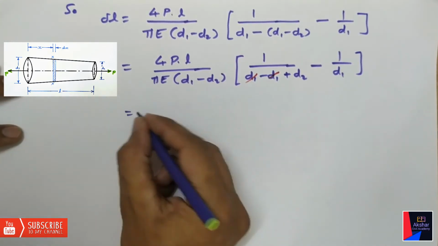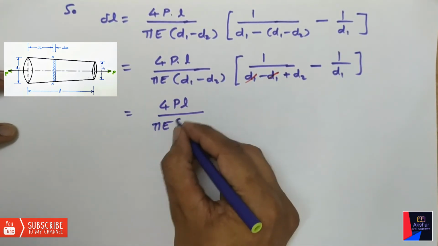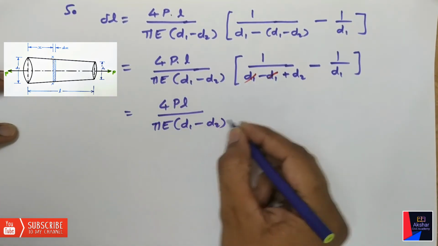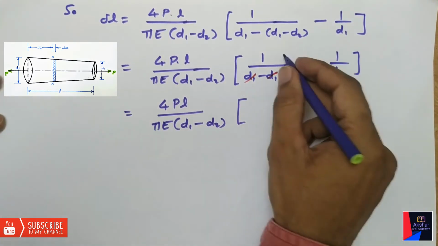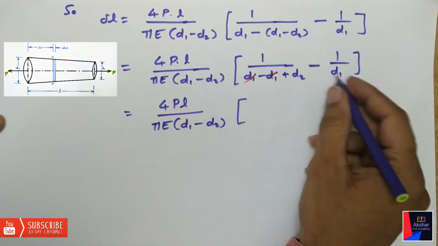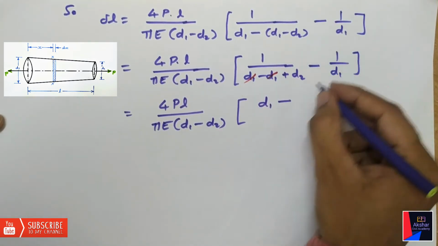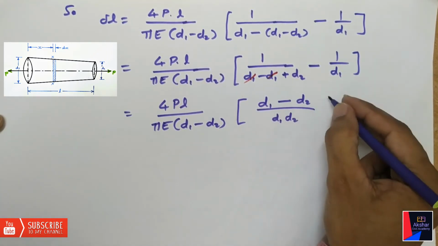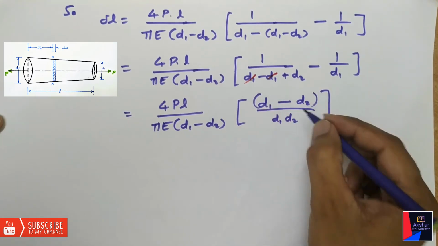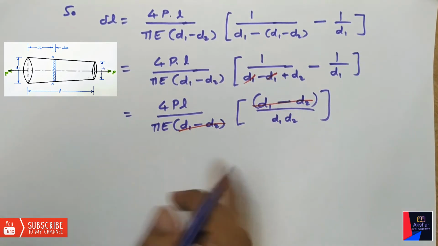That's why we will get 4PL upon pi E (d1 − d2) in bracket 1 upon d2 minus 1 upon d1. So by multiplying, we get (d1 − d2) upon d1 d2. Now as we can see here, (d1 − d2) and (d1 − d2) will be cancelled.